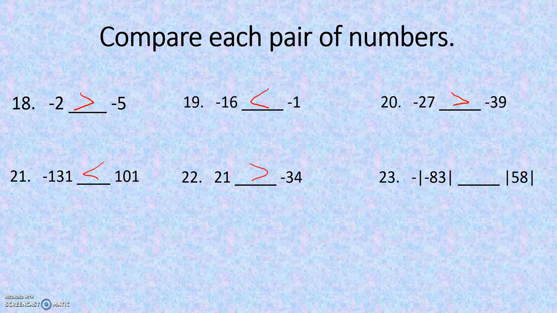Now we have absolute values in our comparison. So first, calculate the absolute value and write it below. Then compare the values. Negative absolute value of negative 83 is negative 83. Absolute value of 58 is 58. It is less than.